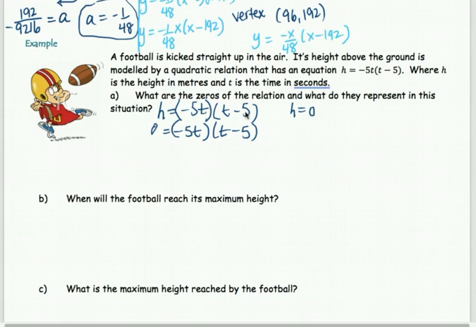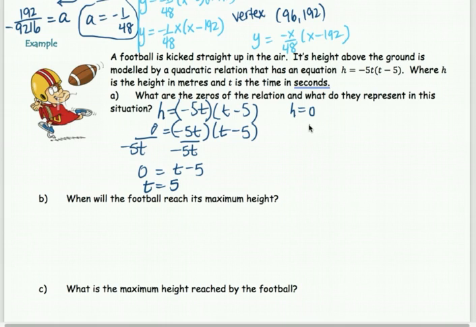Remember what I did before with last day's lesson where we're trying to find the zeros? So like we would divide away things, like I'll just divide this away on both sides. Okay, and then see that becomes 0, and then you're left with this. Okay, and then from there you would just solve for t, and it's positive 5. Okay, so that's this part here.